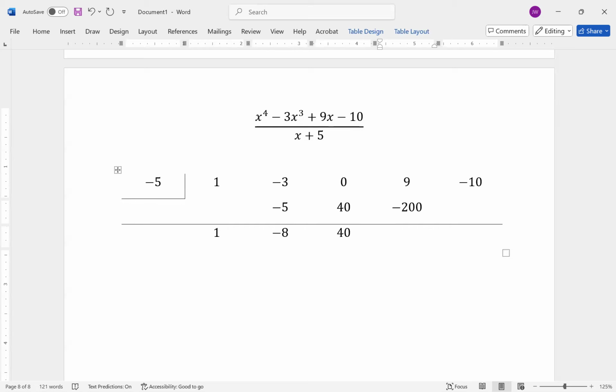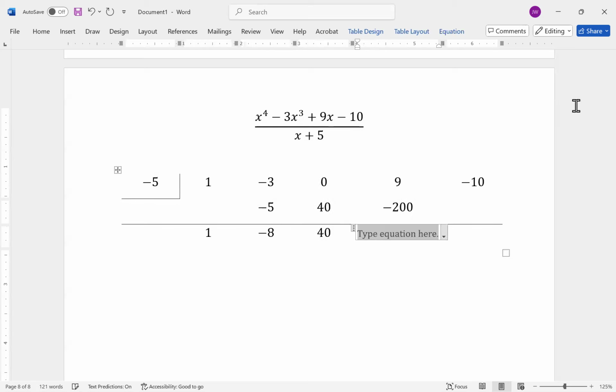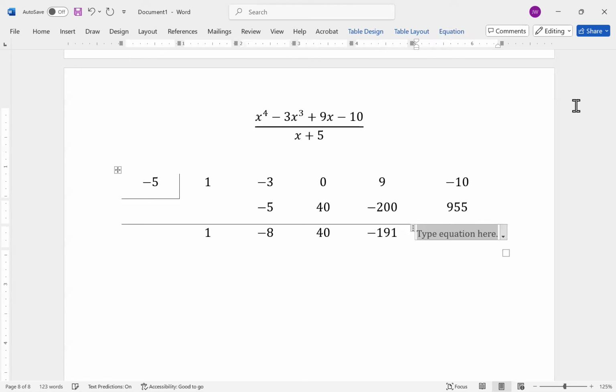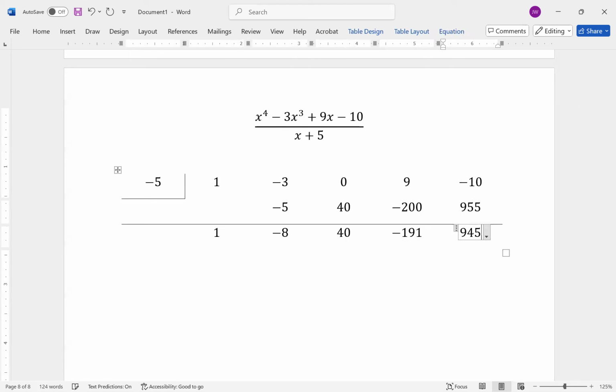Plus 9 gives me -191. And then if I multiply that times -5, I end up getting 955. That's positive 955, which when I add -10, I get 945.